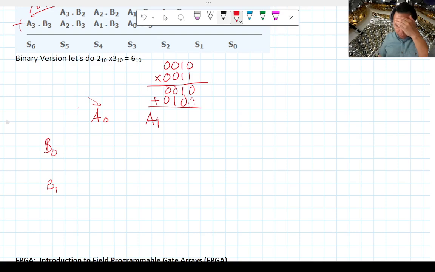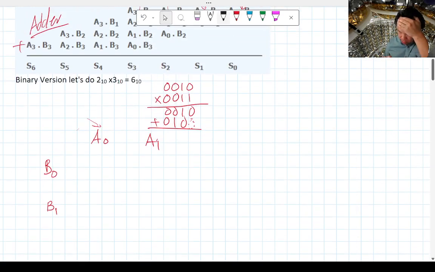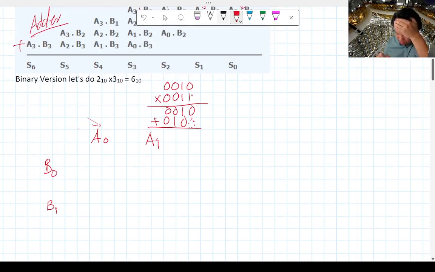Okay, and the way this logic works is that we take the B row, so this is the B row, this is the A row, and these are the columns right up here. We took B0 and did an AND to all the A's. So what we're going to do is draw a bunch of AND gates. We're going to draw them kind of funny, vertical, if I can do this correctly.